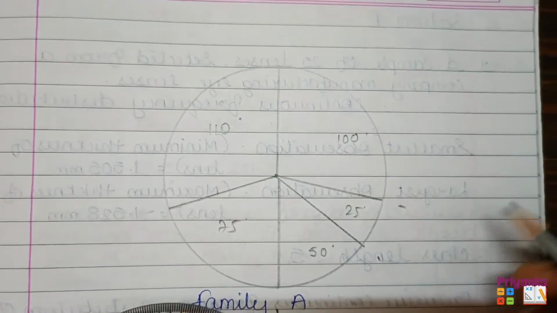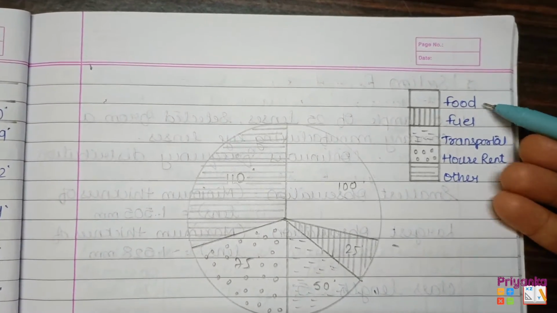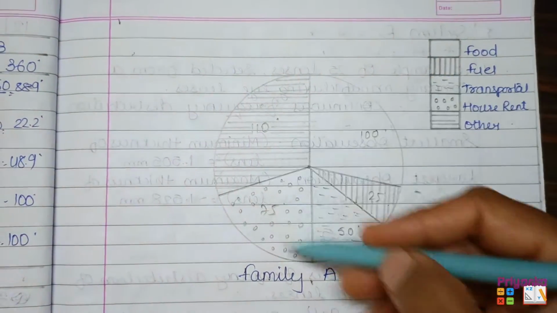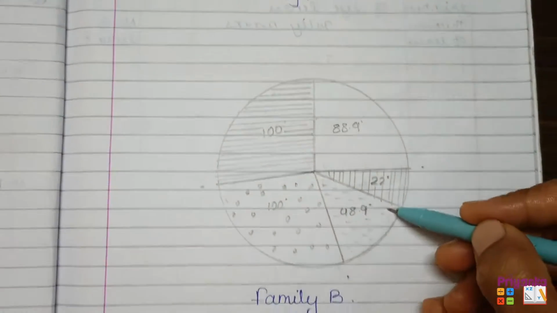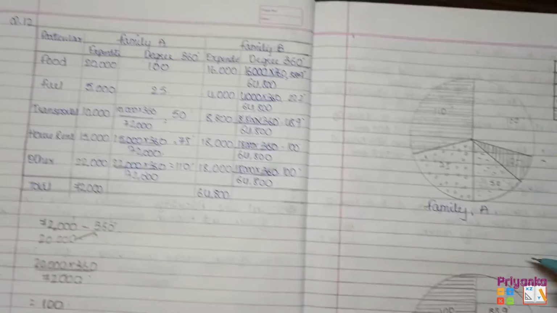Don't forget to make the display. Here I draw what will be displayed by the food, fuel, transport, house rent and other. And after putting this pie diagram for family A, same continue with family B. This was the last question from section E. We'll continue with section F.